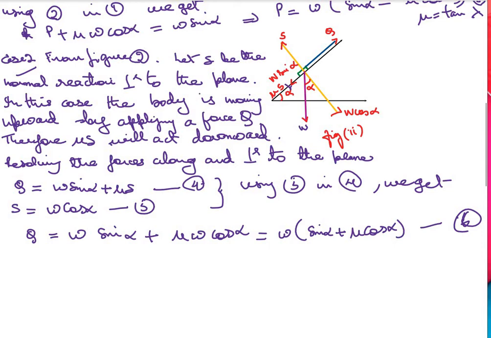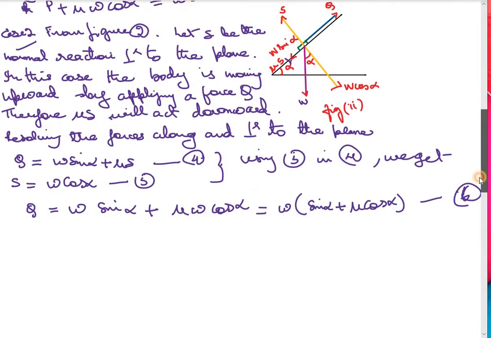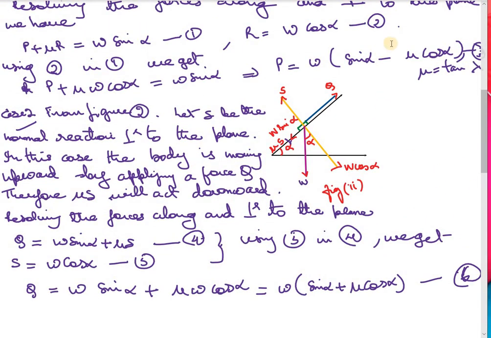Now what we do next is, what is equation 3? Equation 3 is P is equal to W sine alpha minus mu cos alpha.